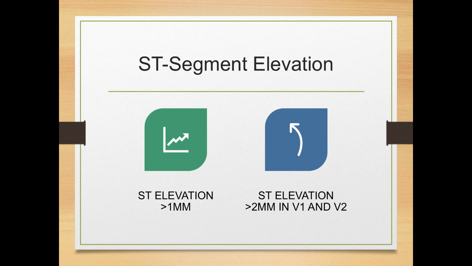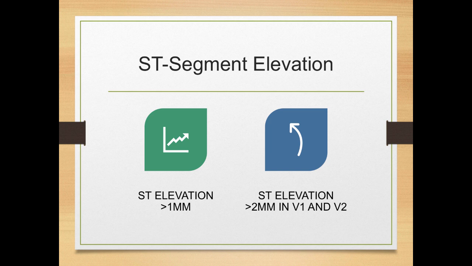So what makes elevation? Sometimes the ST segment can be elevated just a little bit and that's fine. No big deal. But in most leads, any elevation greater than 1 millimeter above baseline is going to be a significant elevation, and we're going to call that an elevated ST segment, except for leads V1 and V2. Leads V1 and V2 have a little bit of elevation normally because of their views, and that's fine, that's normal.